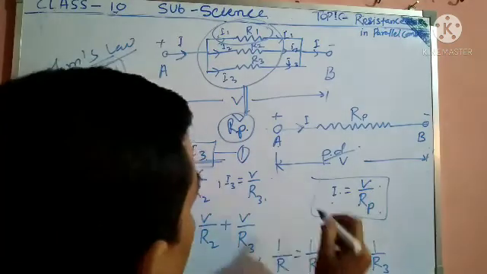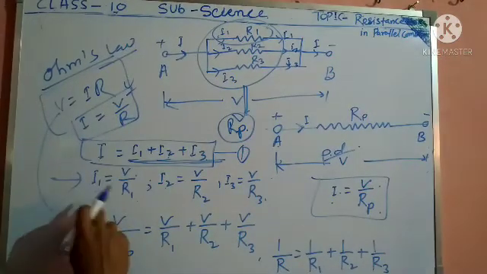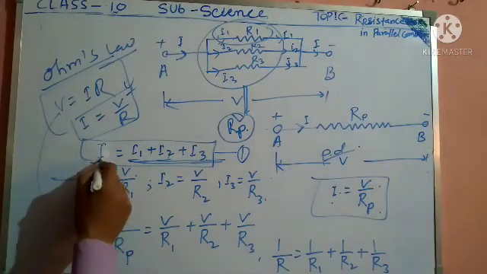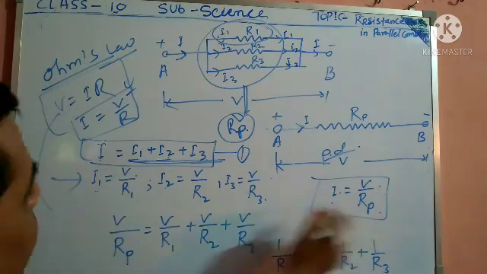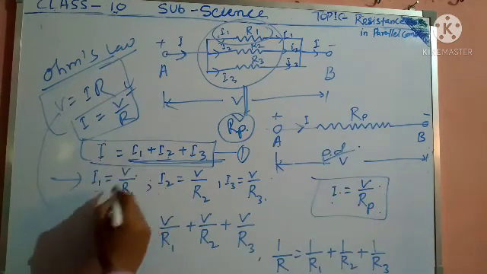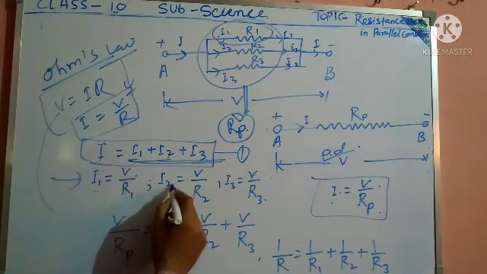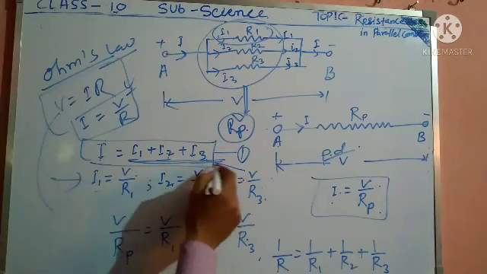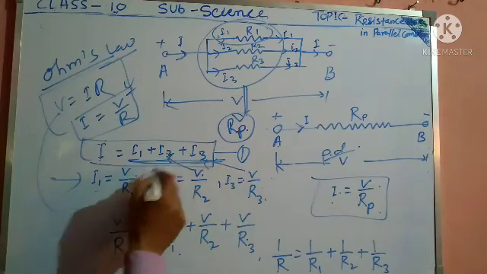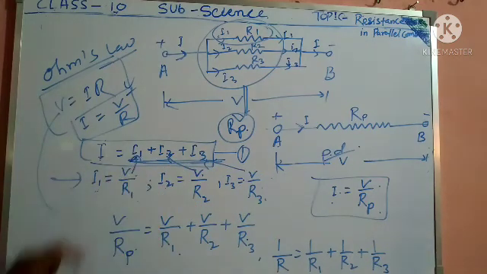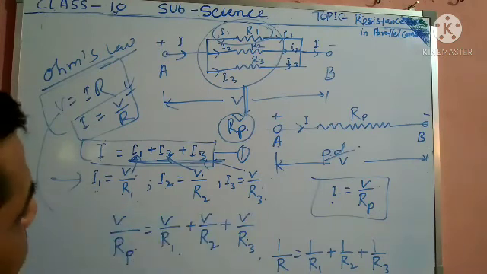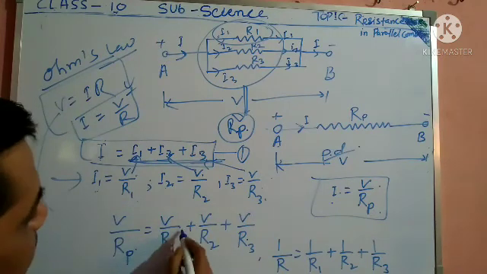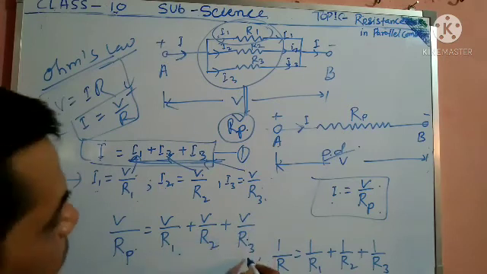So I is equal to V by RP, and I1 is equal to V by R1, I2 is equal to V by R2, and I3 is equal to V by R3, and all are summed. V by RP is equal to V by R1 plus V by R2 plus V by R3.